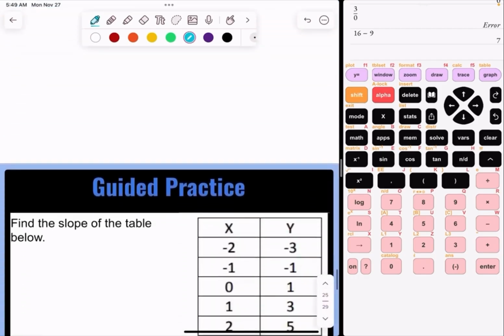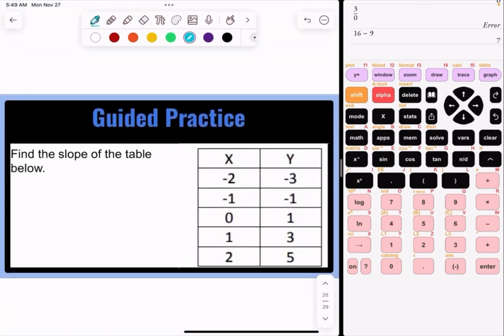All right, guided practice. Let's find the slope below. We're going to use any 2 points to find the slope. Usually I like to use 2 positive numbers, but I'll just use these negatives just to show us a little bit harder. So, this would be our first x. This is our second x. This is our first y.